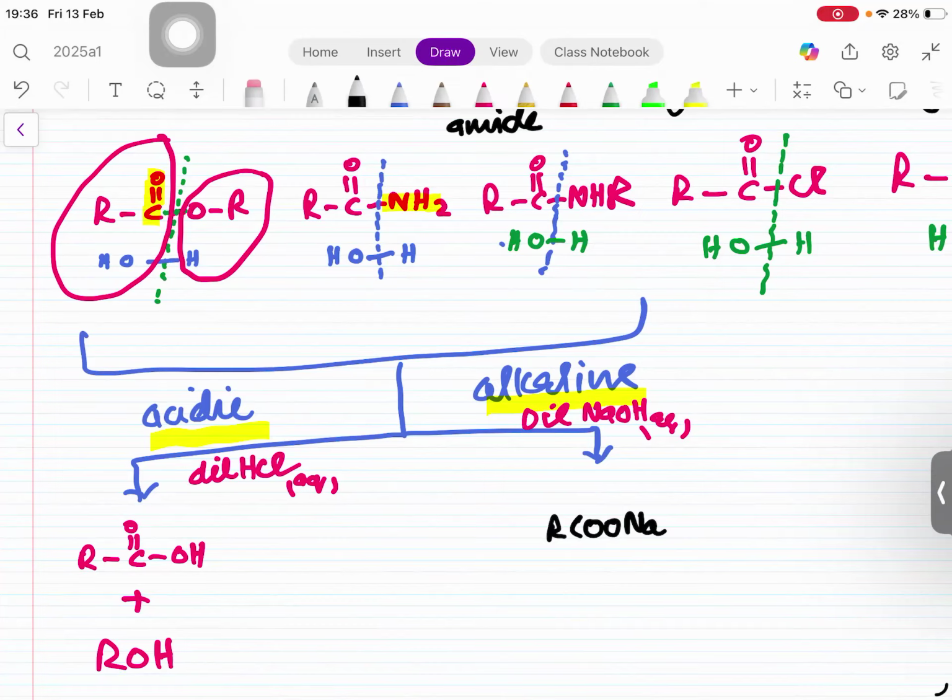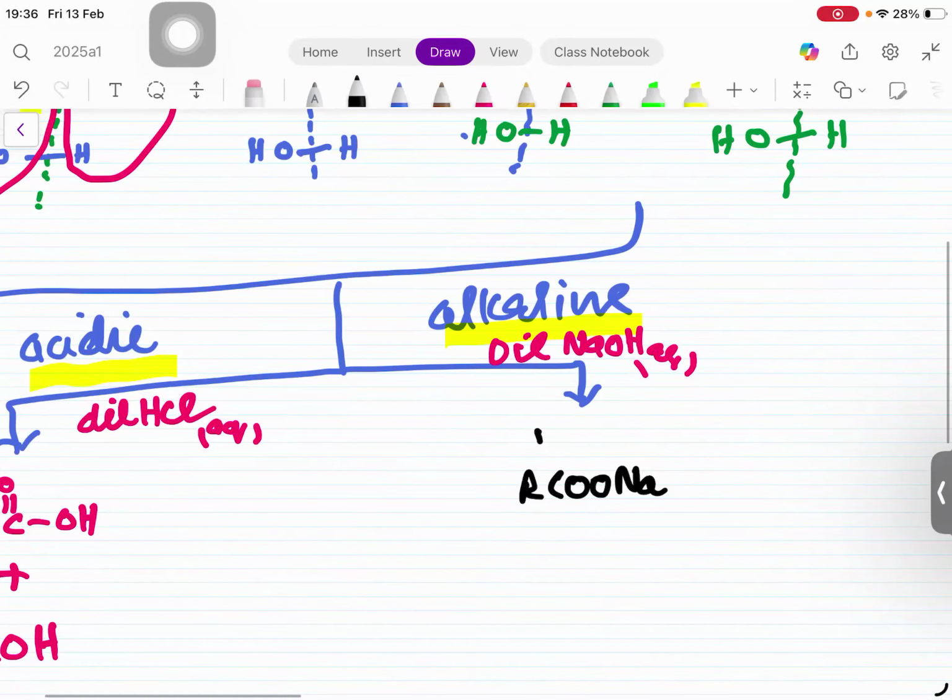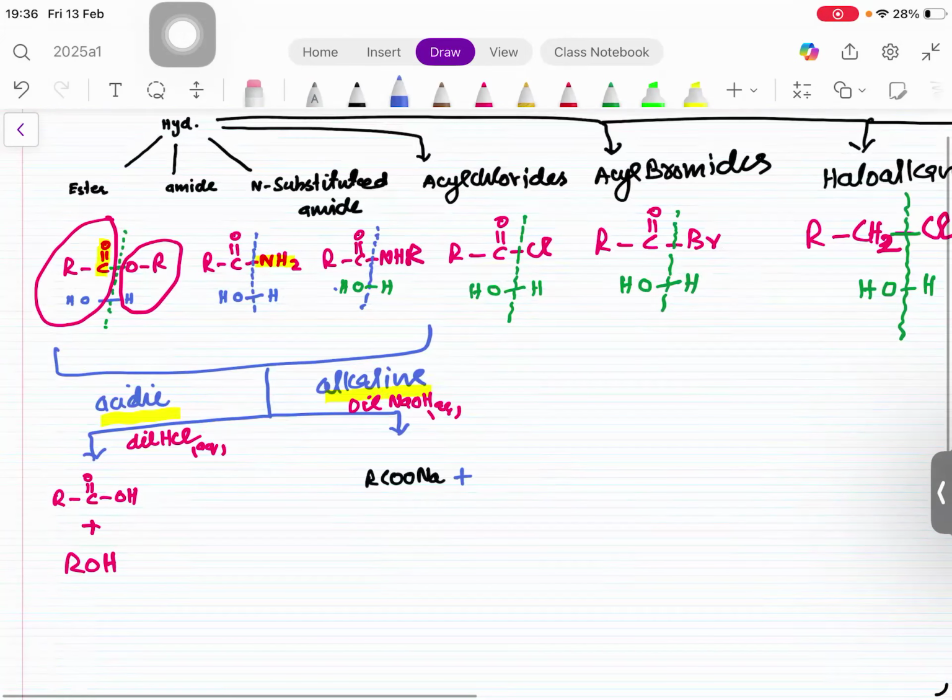So as soon as that carboxylic acid is formed, it reacts with NaOH to form salt. So RCOONa is formed plus ROH, the alcohol.